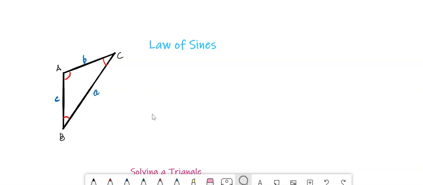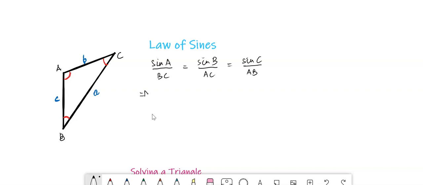So according to the law of sines, the ratio of the sine of angle A to its opposite side, which is BC, is equal to the sine of angle B to its opposite side, which is AC, and that is equal to the sine of angle C to its opposite side, which is AB.